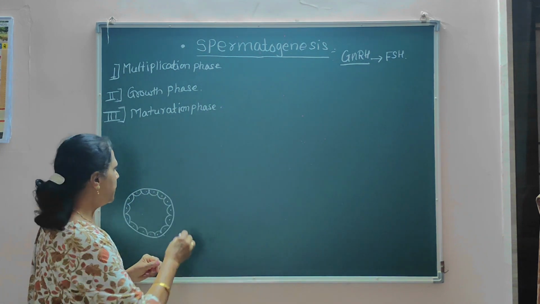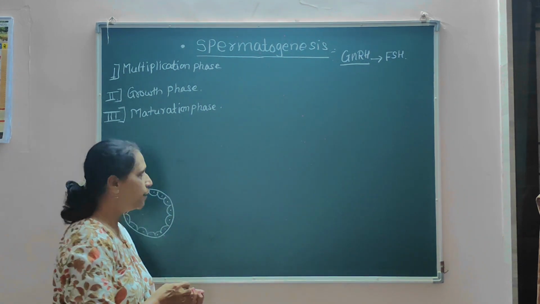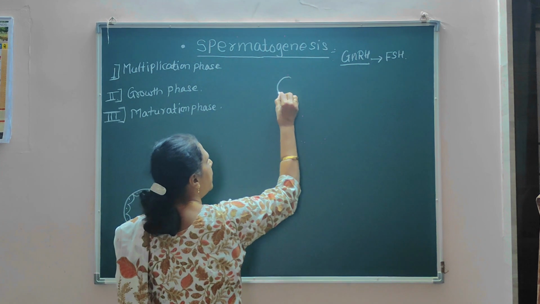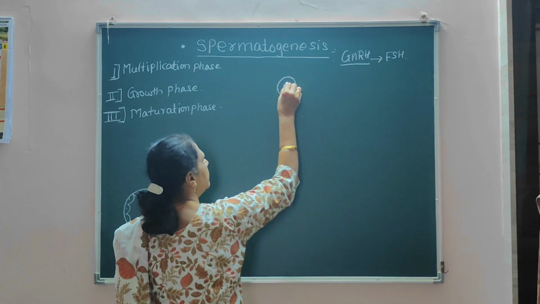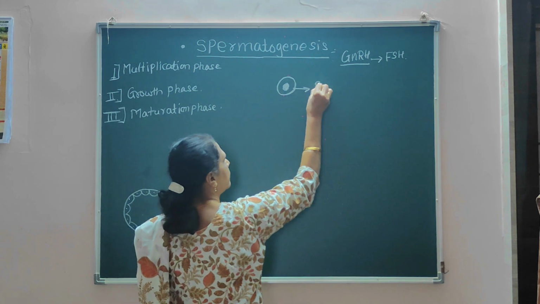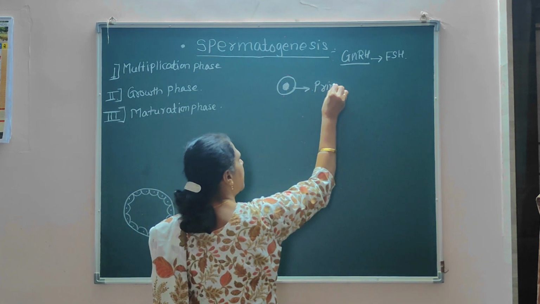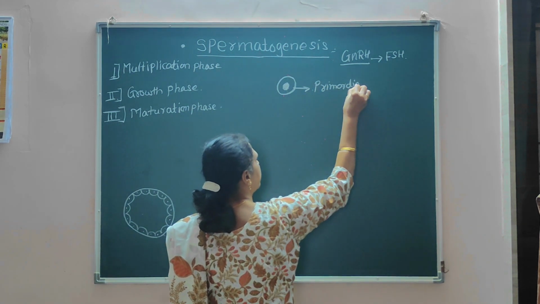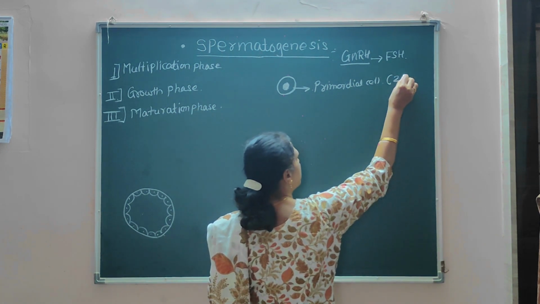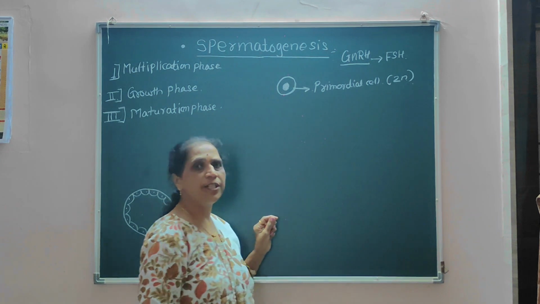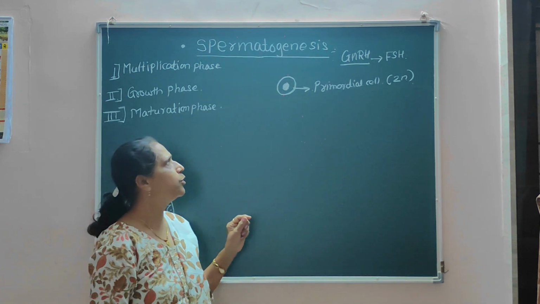In this process, first the primordial germ cell divides and redivides mitotically. This is a primordial germ cell, or primordial cell. It is diploid, that is 2n number of chromosomes, meaning it contains 46 chromosomes.